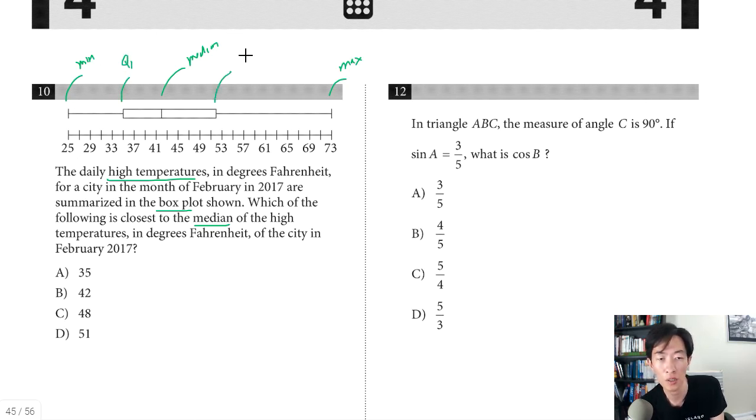And over here is your upper quartile, or sometimes they call it the third quartile. The quartiles also correspond to the 25th percentile as well as the 75th percentile. So in this particular problem, they just want to know what is the median of the high temperatures. That falls right around 41, 42. And so very quickly, the answer is going to be B.